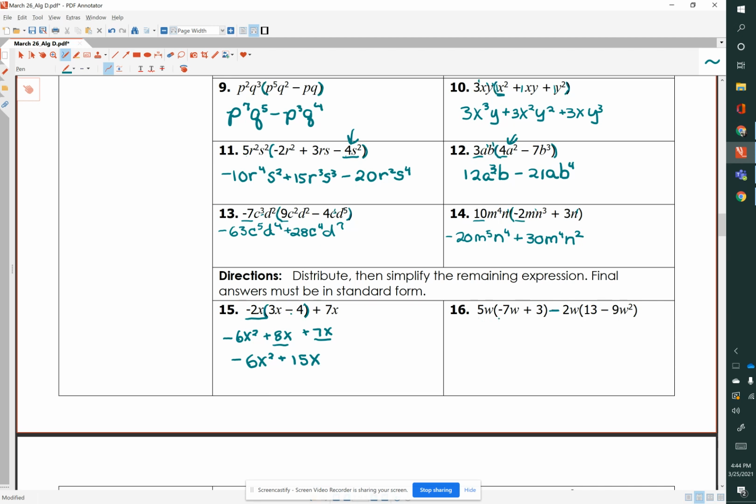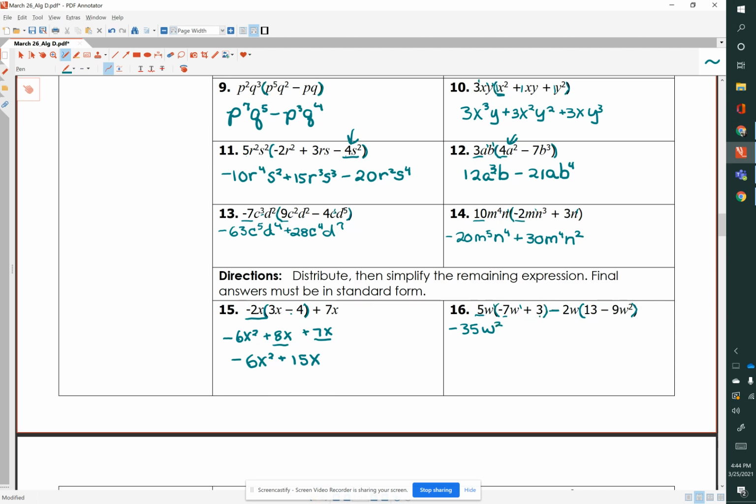So 5w times the quantity of negative 7w plus 3 minus 2w times the quantity of 13 minus 9w squared. So 5 times negative 7 is negative 35. And the w's, we have 1 plus 1, so that would be 2.